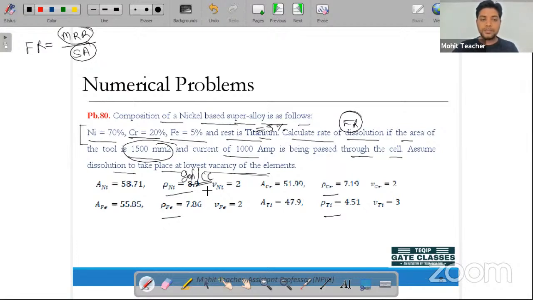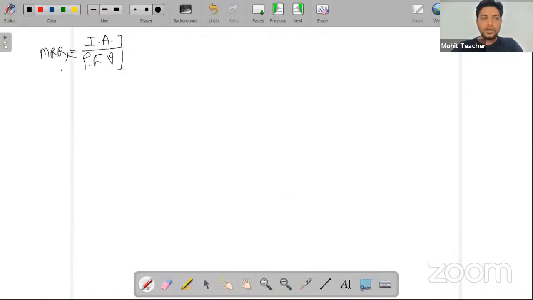Please keep that in mind. So we cannot write a single density for that. We have to calculate the equivalent, as well as the density. The atomic weight and the valency are different for all 4 elements, so we have to calculate the electrochemical equivalence for this.